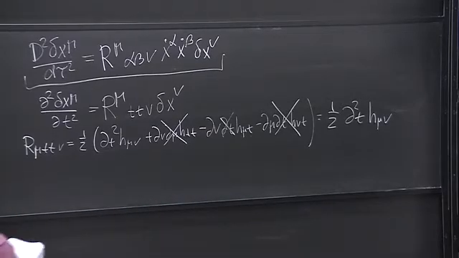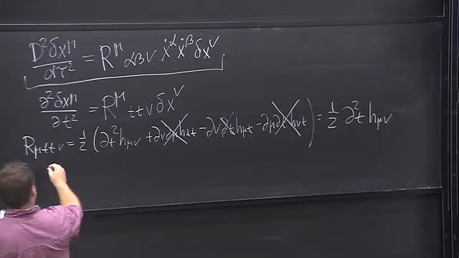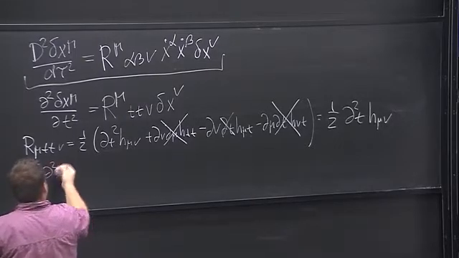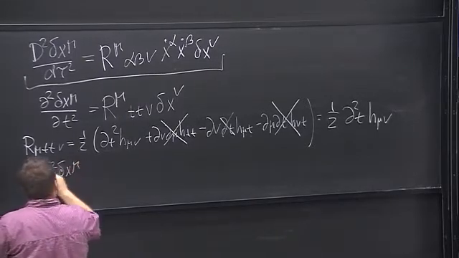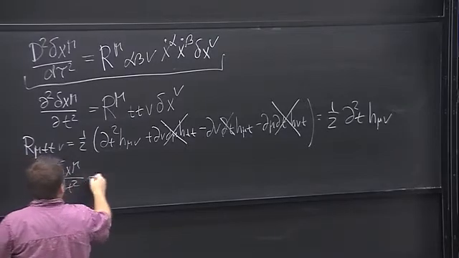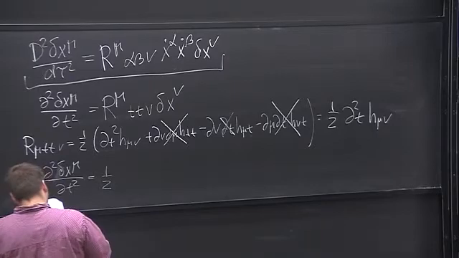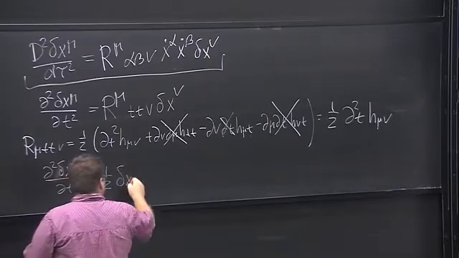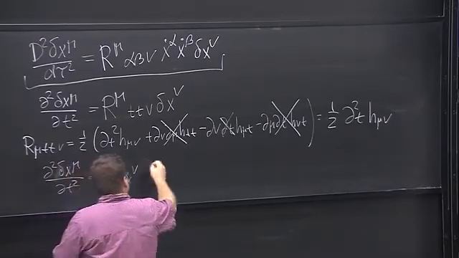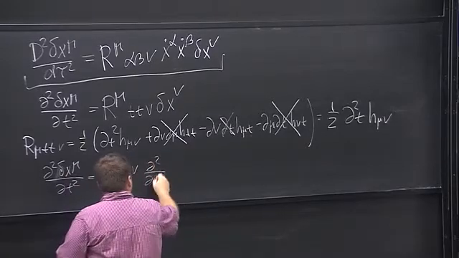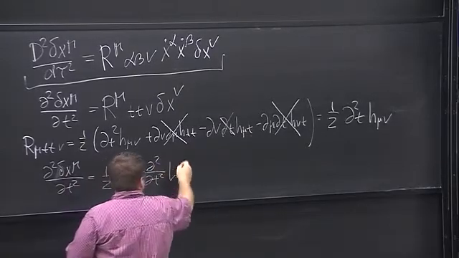Well, and so this is it, right? So our equation is d² of δx^μ over dt² is 1/2 δx^ν, and then d² over dt² h_{μν}.